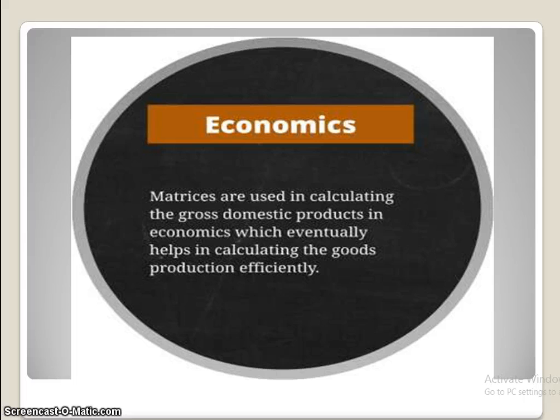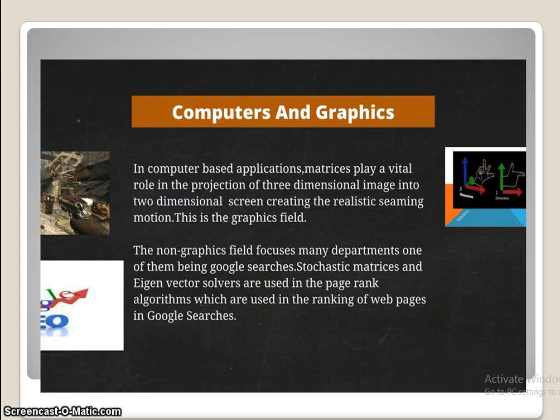Then in economics, matrices are used in calculating the gross domestic product, which eventually helps in calculating goods production efficiently. For computers and graphics, in computer based applications, matrix plays a vital role in the projection of three-dimensional images onto a two-dimensional screen, creating realistic seeming motions.